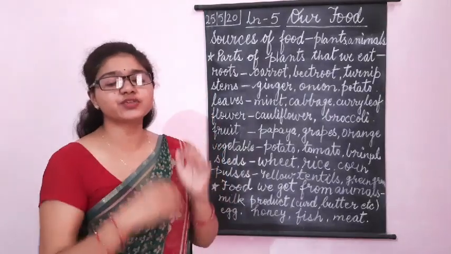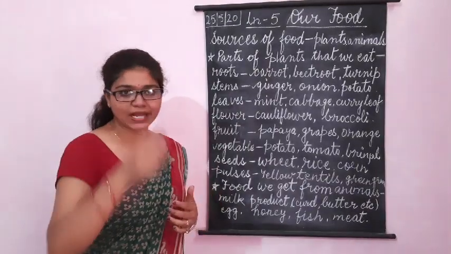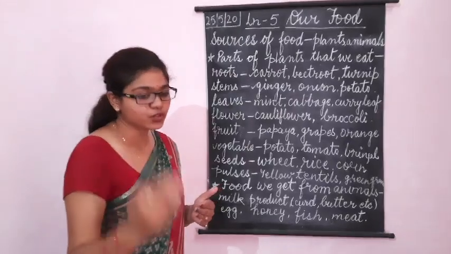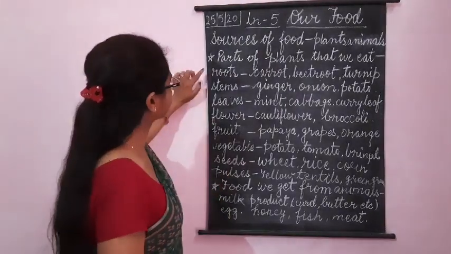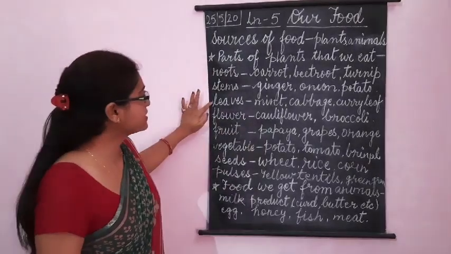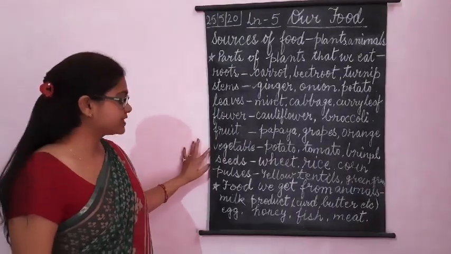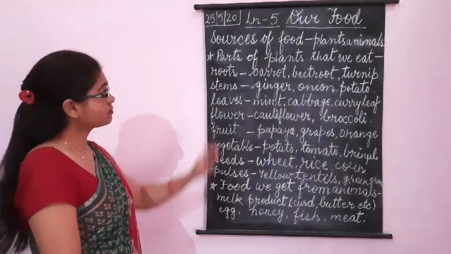In a full plant, which part is useful for you, which part will you eat? Just see this: roots, stem, leaves, flowers, fruits, vegetables, seeds, pulses.